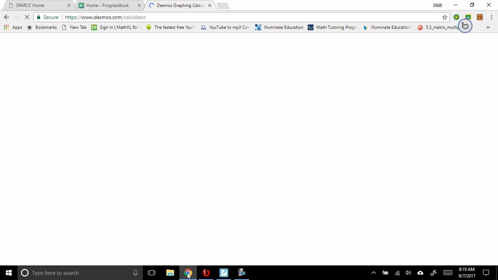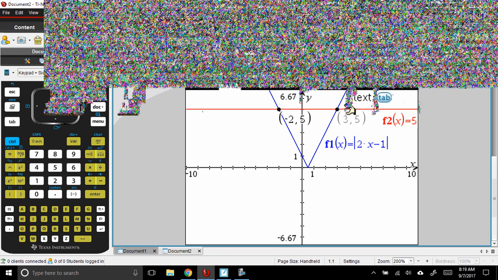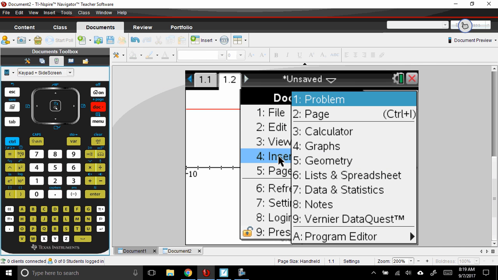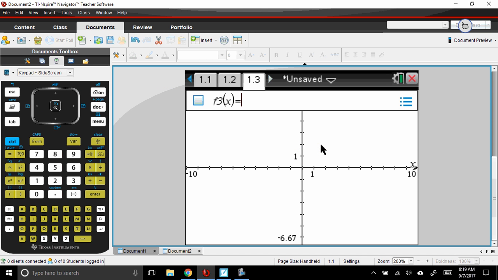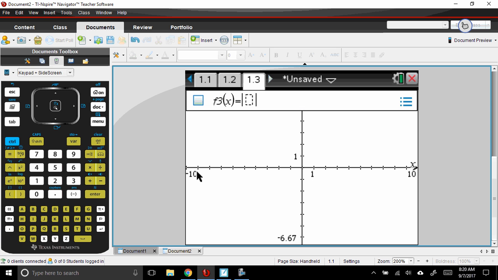Insert graphs. Here we go. What was our absolute value expression? Thank you, 3x plus 2.